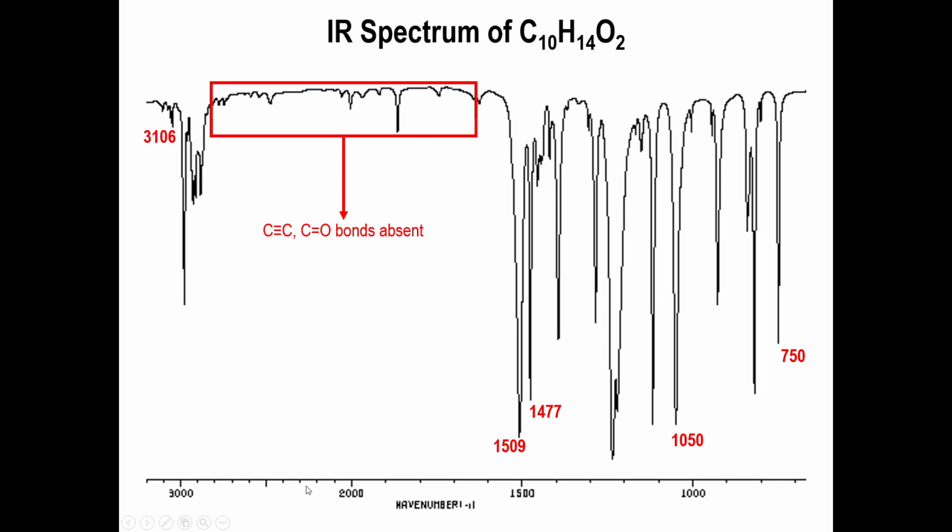So the fact that there's not a lot happening right here means that we probably don't have any of those things. But we do have these peaks at 1500, 1400, which tells you that maybe an aromatic is present.